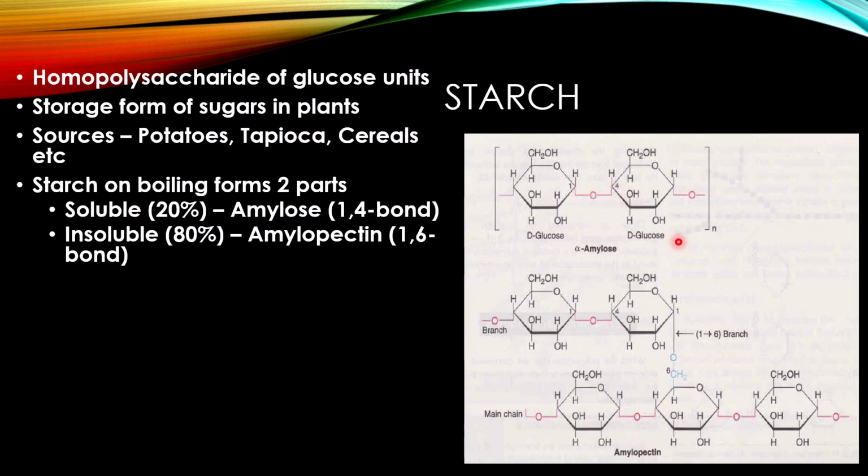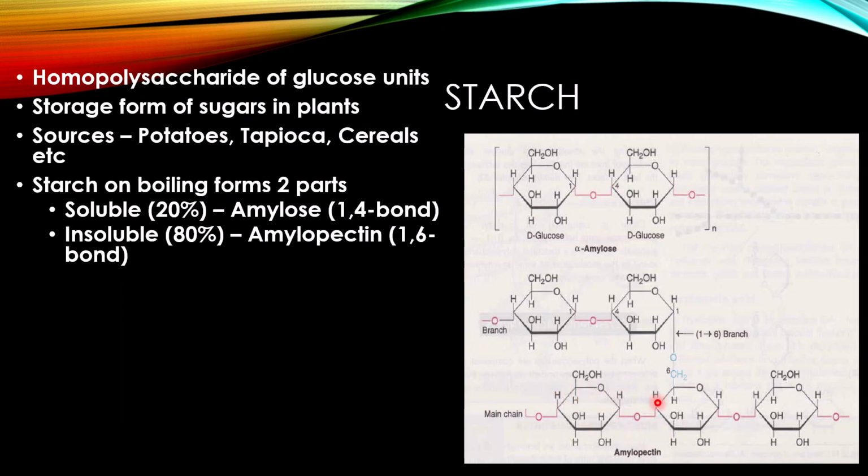If we look at the structure of amylose, it contains glucose units with a 1,4 bond, n number of glucose units. Each glucose unit has a bond between the first carbon atom and the fourth carbon atom. If you look at amylopectin, it has a branch. It has a 1,6 bond which forms the branch. Amylopectin is again made up of only glucose.